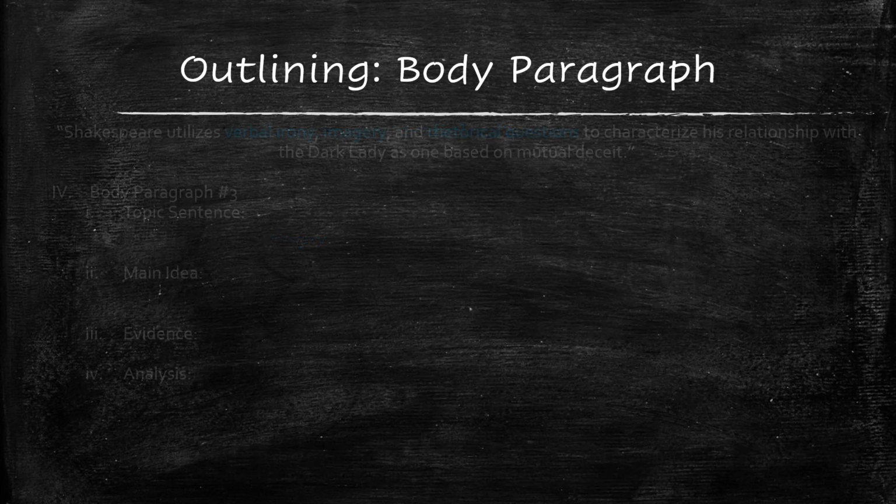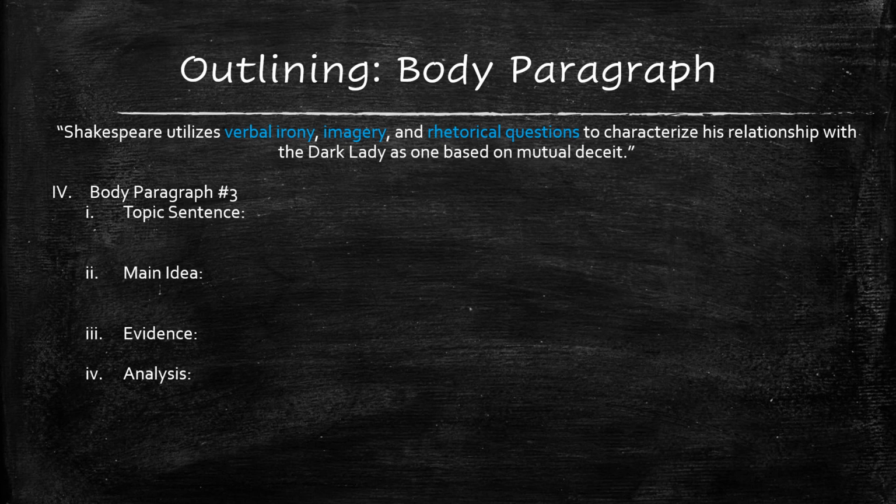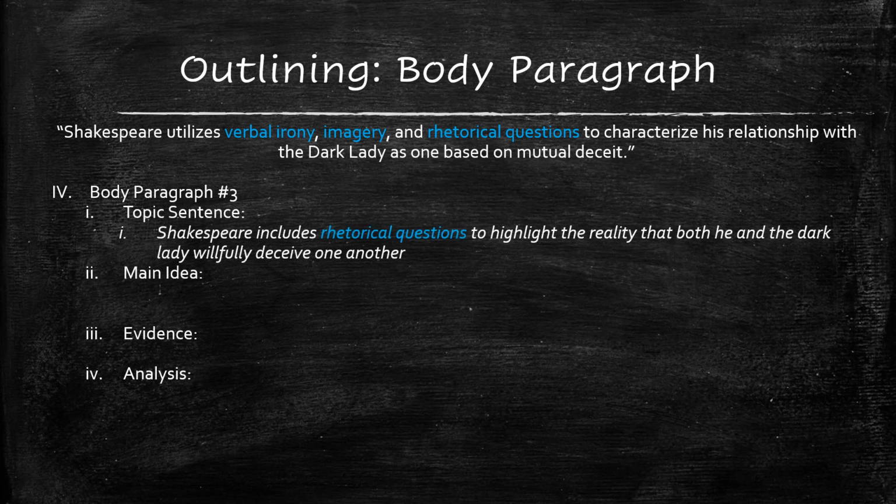Then I jump to my last body paragraph, and note that I'm using 3 because I've identified these 3 literary devices. You're more than welcome to write an essay with 2 body paragraphs rather than 3, but in that sense you would have to cut back on one of these literary devices. So I start then with my topic sentence, and my third literary device is rhetorical questions.